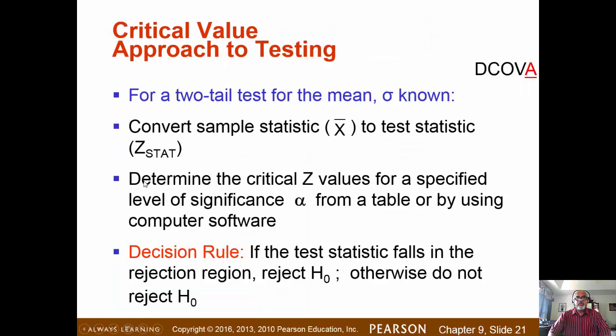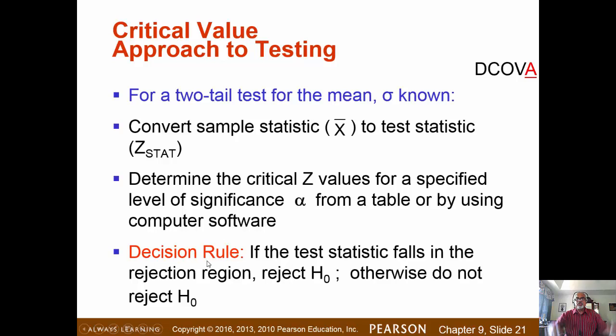Okay, so we'll start with a two-tailed test, meaning mu equal to some value, mu not equal to some value. So rejection can happen on either side of the normal distribution. That's why it's called a two-tailed test. So convert x bar into a z stat, find the z critical value, and then you reject the null hypothesis.